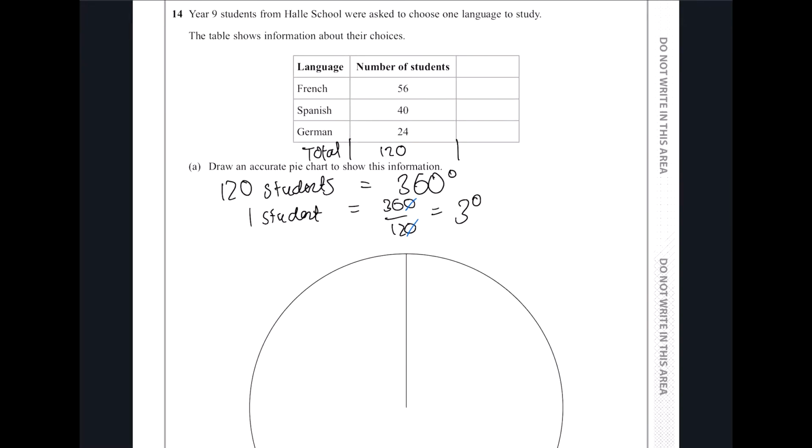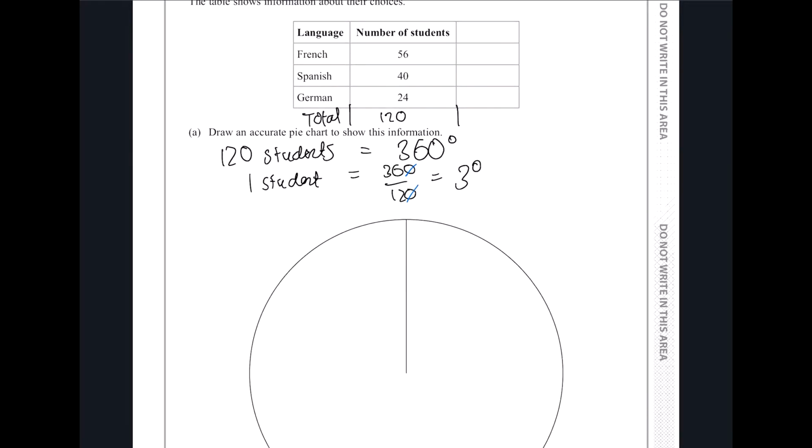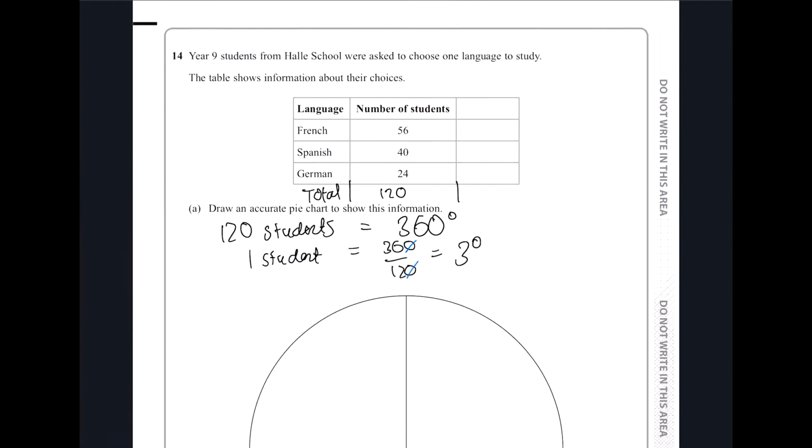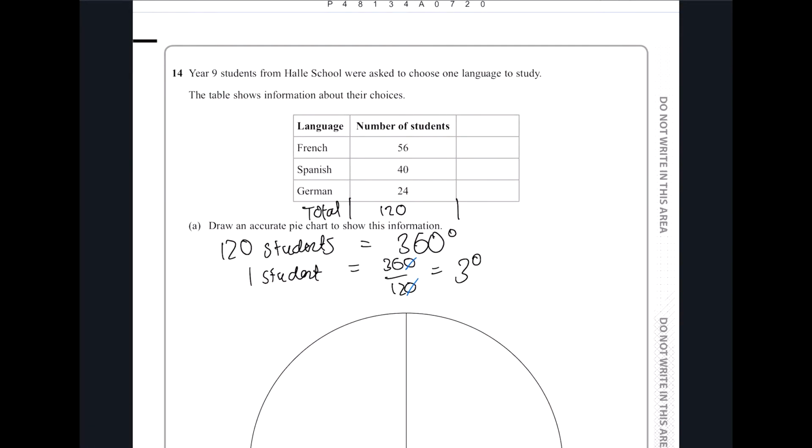So what we can do is figure out the number of degrees that each of them takes up. For the first one, French, we have 56, so 56 times 3. 3 times 6 is 18, 3 times 50 is 150, so 150 plus 18 gives us 168 degrees.